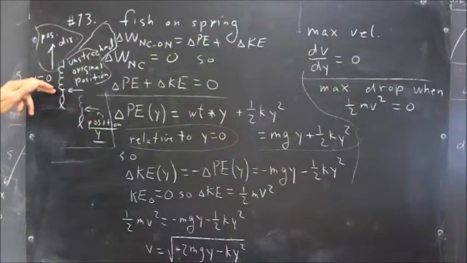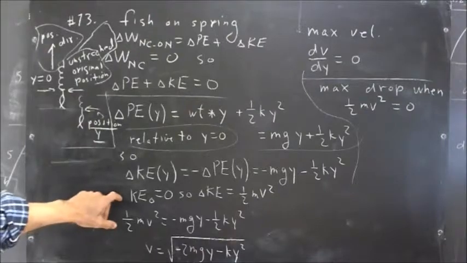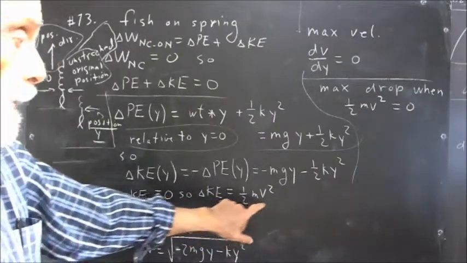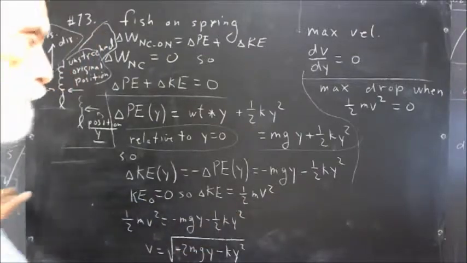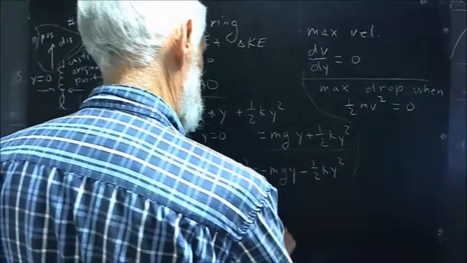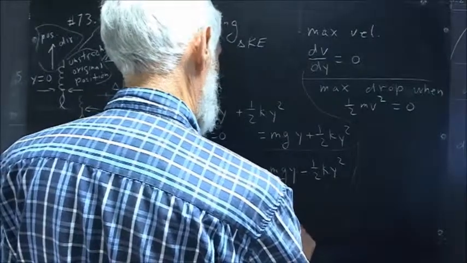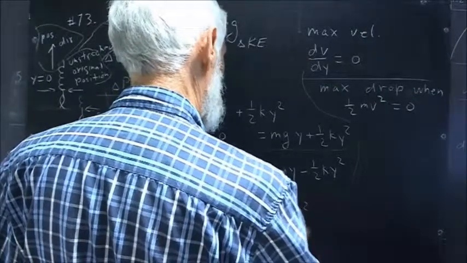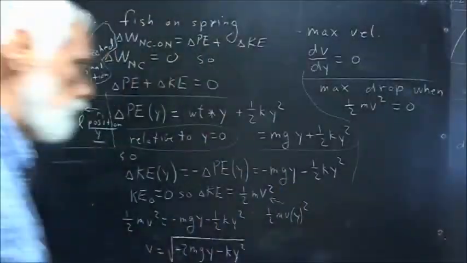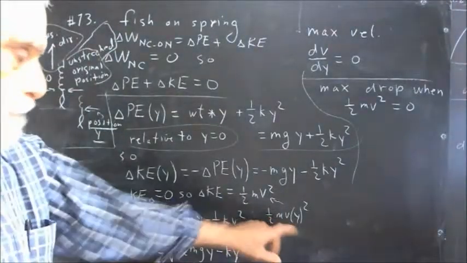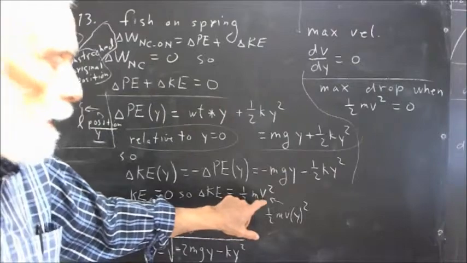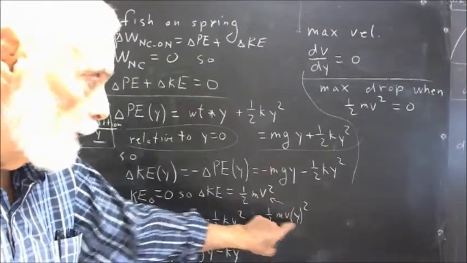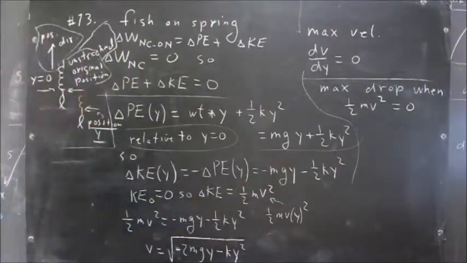And the kinetic energy, of course, started at 0. So the change in kinetic energy is just equal to 1/2 mv squared, where v is also a function of y. I could have written that as 1/2 m v of y squared. Trying to be economical with space, but this does mean 1/2 m times the value of the velocity function v of y squared.